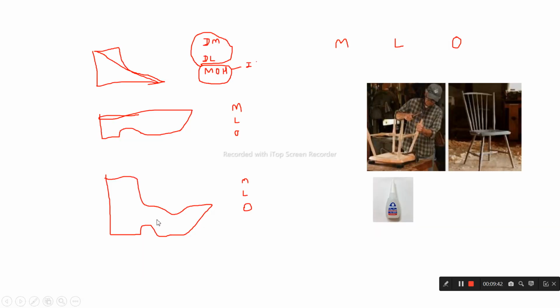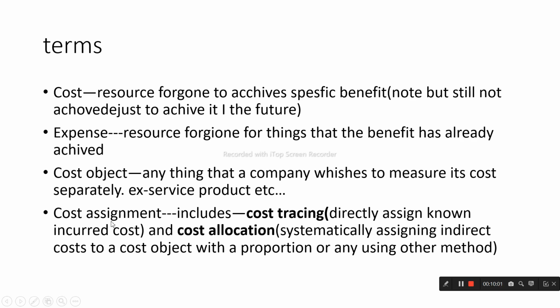However, for indirect costs, for manufacturing overhead costs, systematically allocating that cost to one product, for example, allocating this amount of glue for one chair, is called cost allocation, which is a part of cost assignment.